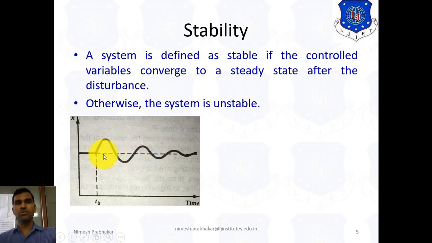That means at t equals t0 the value is changed, but after some time the value is steady. This type of system is known as a stable system.